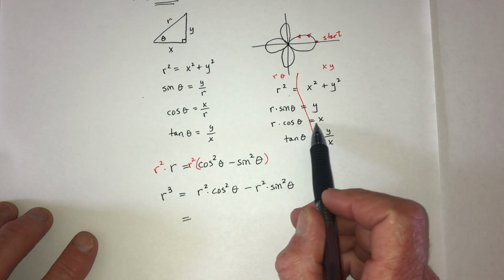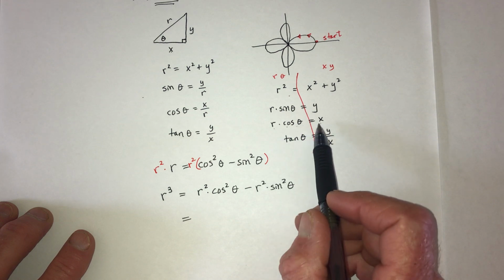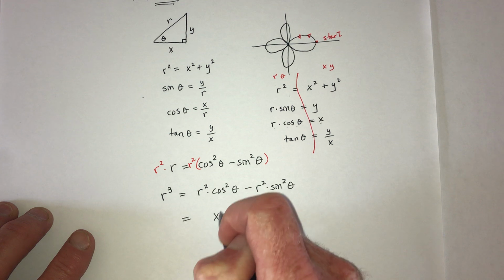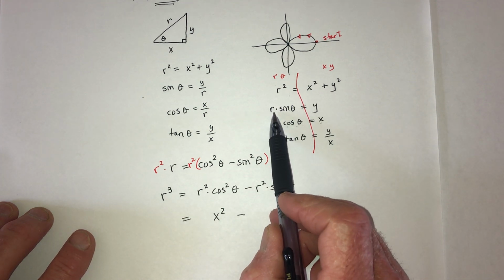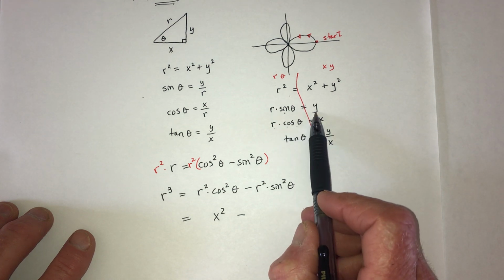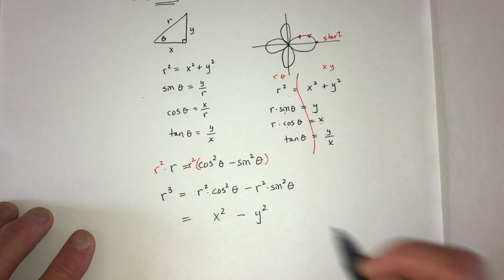Well, if you take this equation and you square both sides, you'd get r squared cosine squared equals x squared. And if you take this equation and square both sides, you'll have r squared sine squared equals y squared.